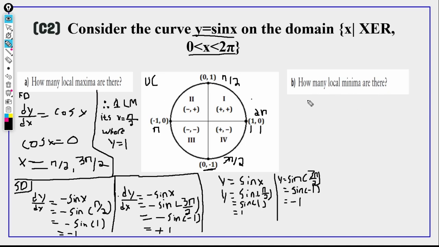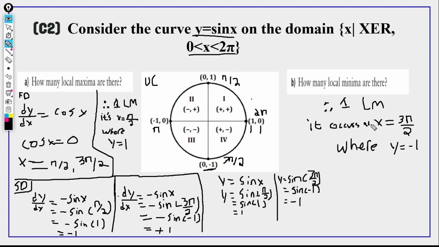How many local minimums are there? There is 1 local minimum, LM for short, and it occurs at x equals 3 pi over 2, where y equals negative 1.